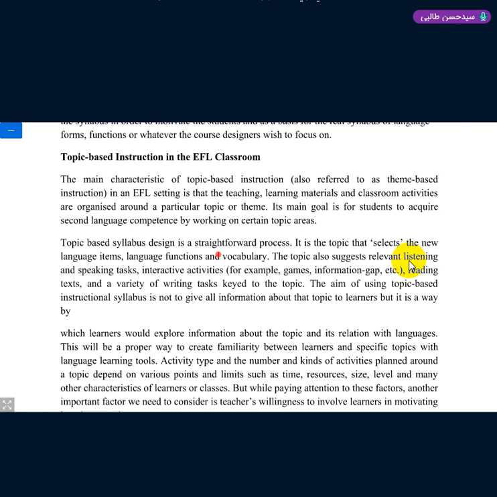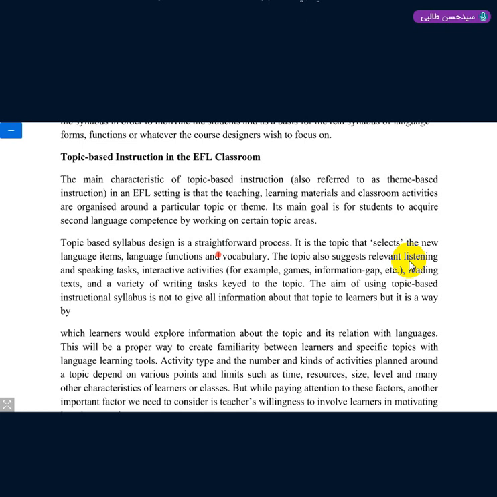Well, the next type of syllabus in category A syllabus types is topic-based instruction. In topic-based instruction, the main characteristic of this type of syllabus is topic.